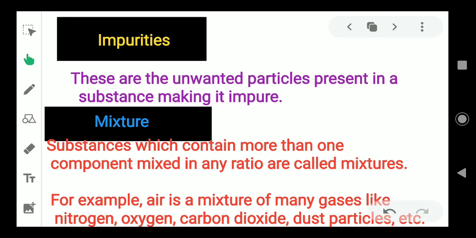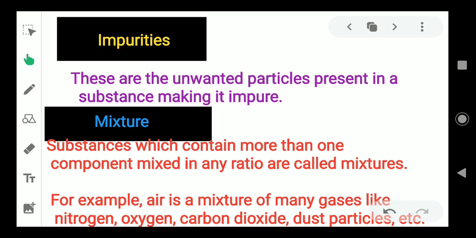Next, let's see two important terms in this chapter, that is impurities and mixture. What are impurities? These are the unwanted particles present in a substance making it impure. Impure means having two kinds of particles in it.